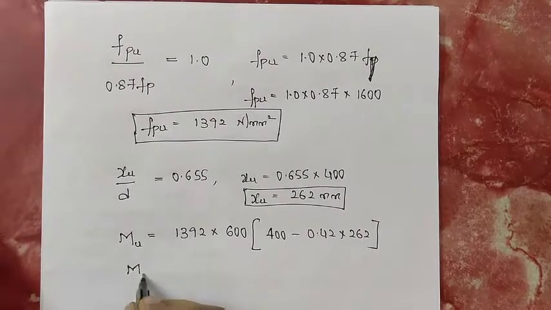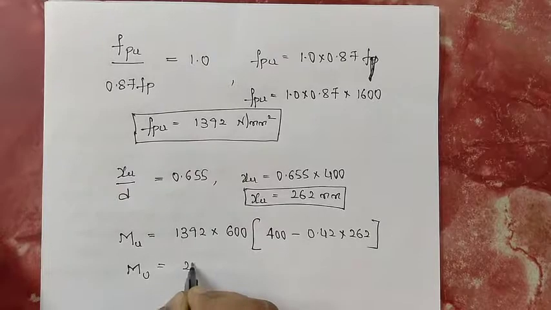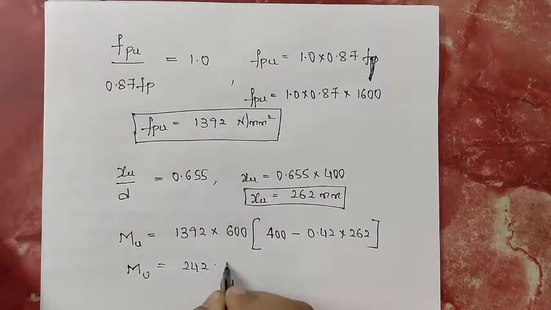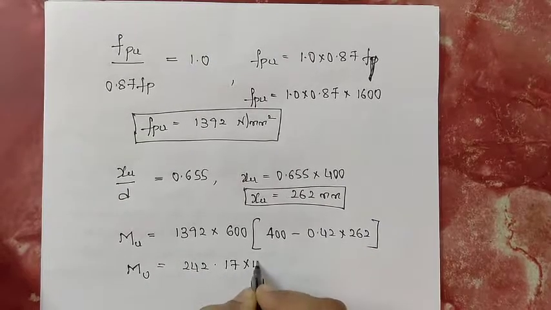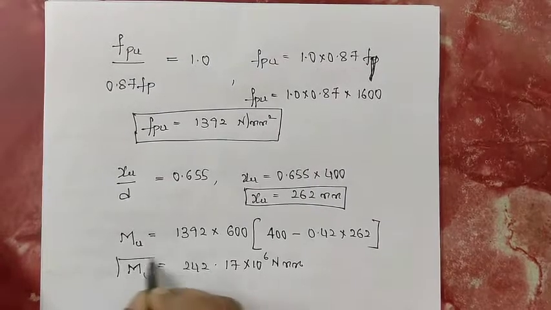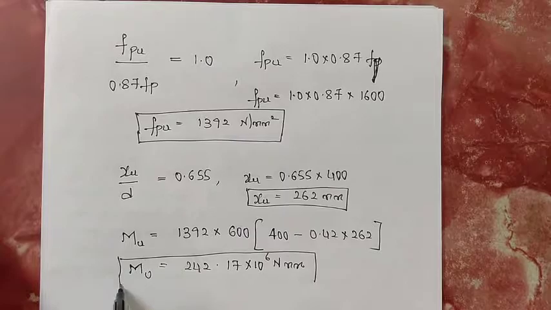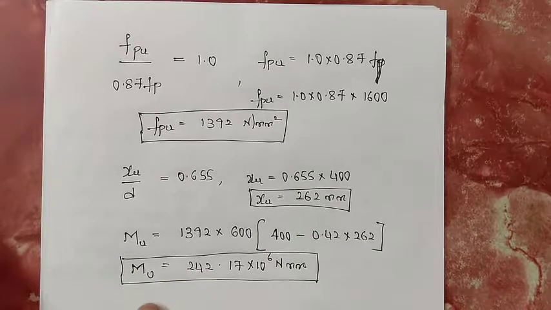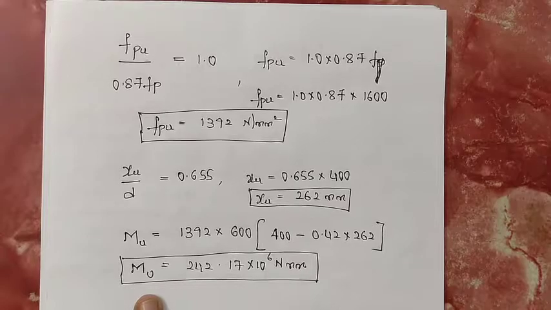Upon simplification you will get the Mu value as 242.17 into 10 to the power of 6 Newton mm. This is your Mu value. Mu is the ultimate flexural strength of the PSC section, if the beam is pre-tensioned.